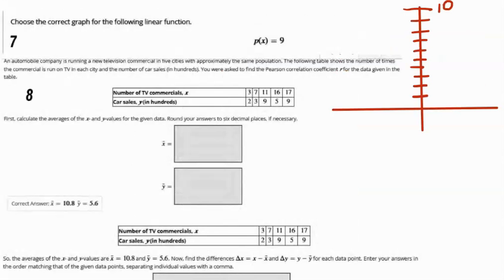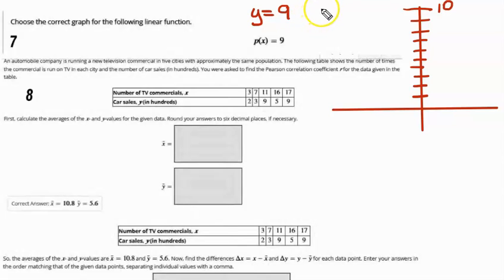Now for number 7, they're asking us to choose. This is a multiple choice. Which graph would this be of? Now notice the form it's in. We can convert this to y equals 9.